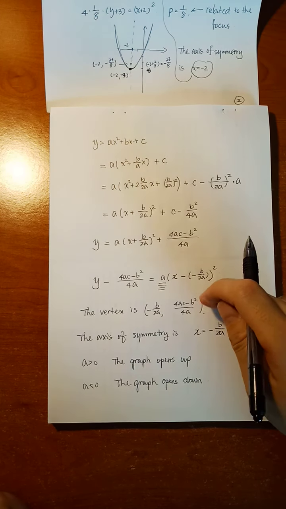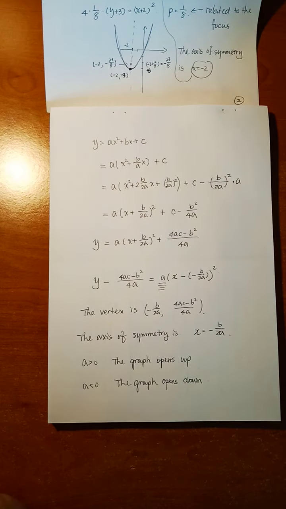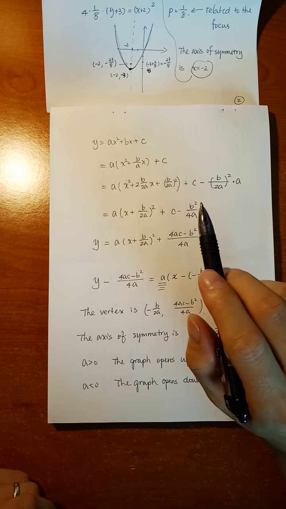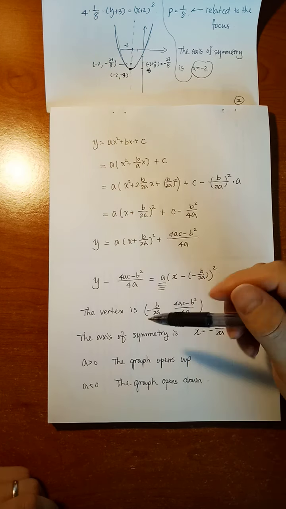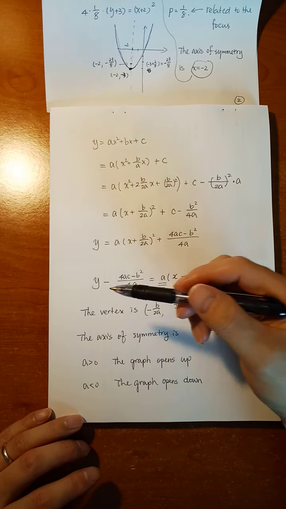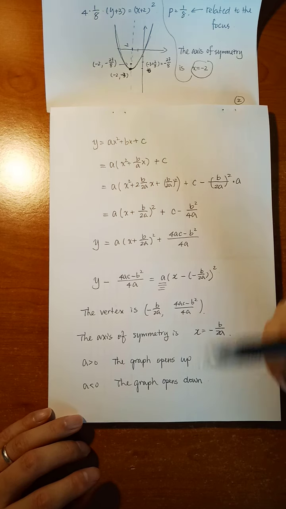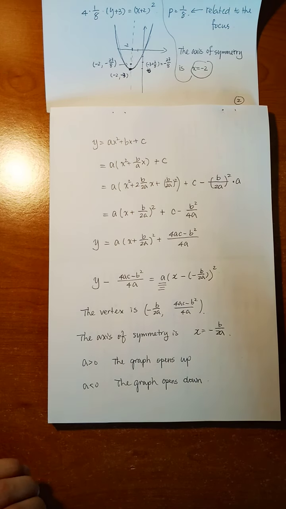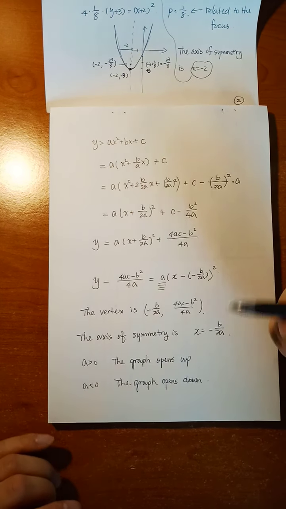And you have the axis of symmetry, you have the vertex, everything. And if they ask you for the focus, you have to divide a to the left side and use the 4py form to determine the focus.